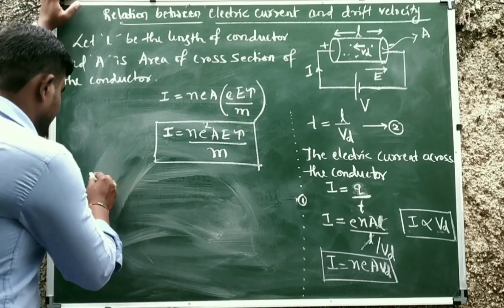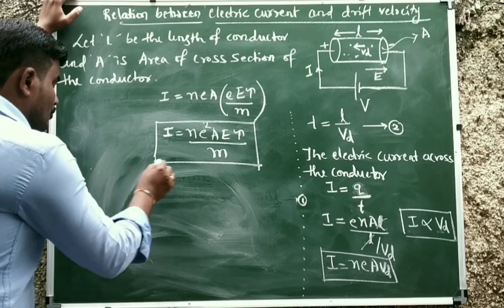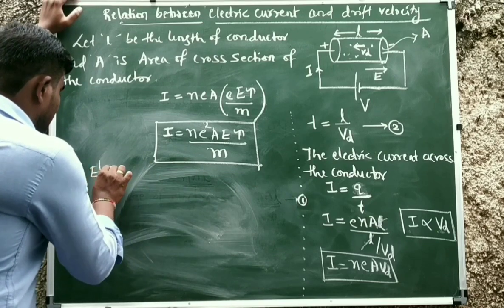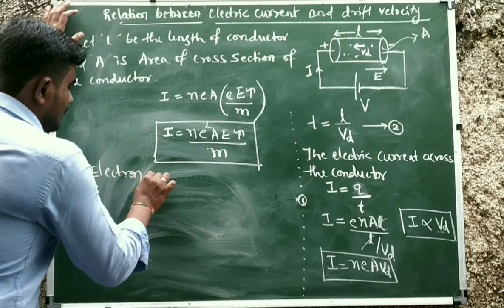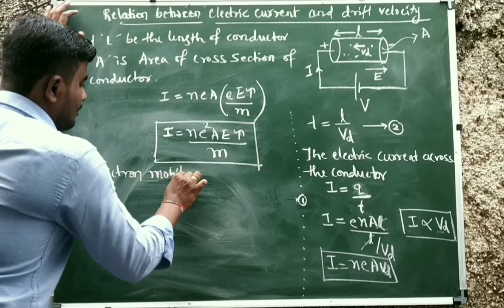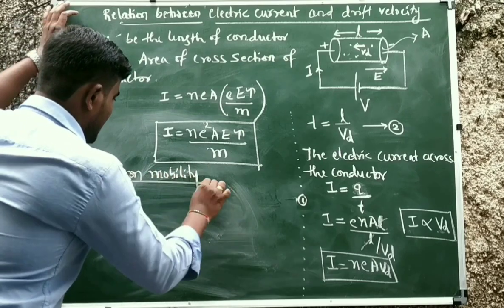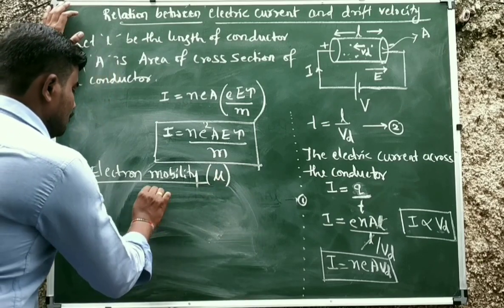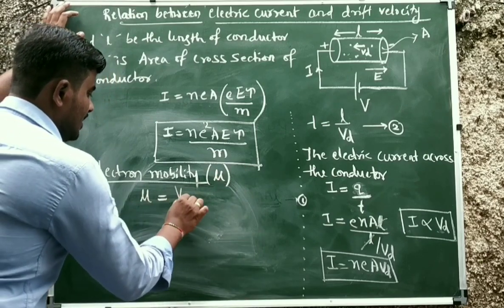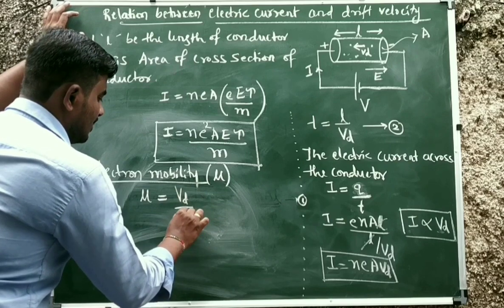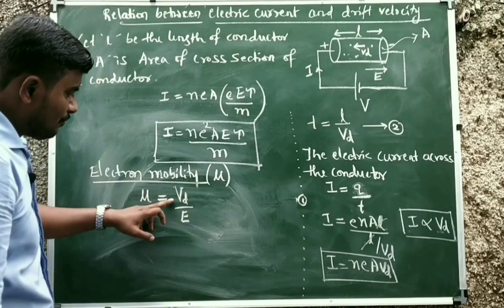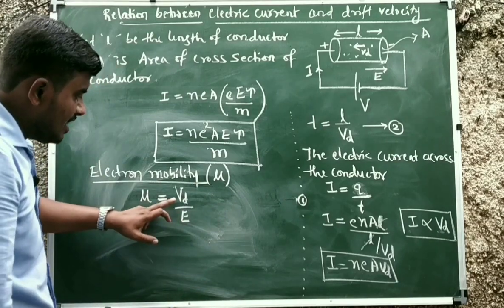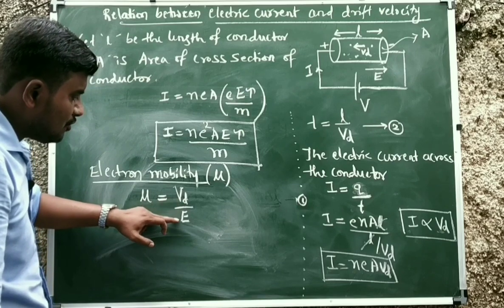So next, one definition is there, and that is electron mobility. Electron mobility is indicated by mu, and mu is equal to Vd divided by E, where Vd is the drift velocity and E is the electric field.